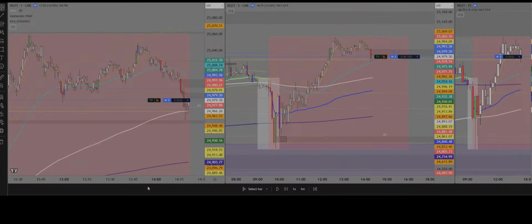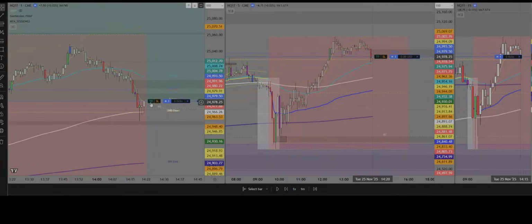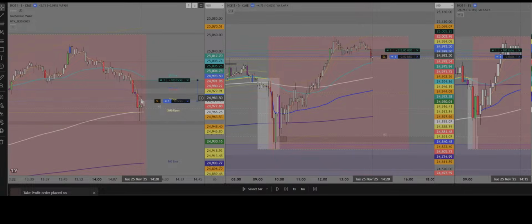So I'm just going back and taking trades based off of what I would usually do in a live environment, and why I would take them. Like right now, this entry might only be an entry back to the 50 here, but I would be taking back these imbalances because it was a fast push down.